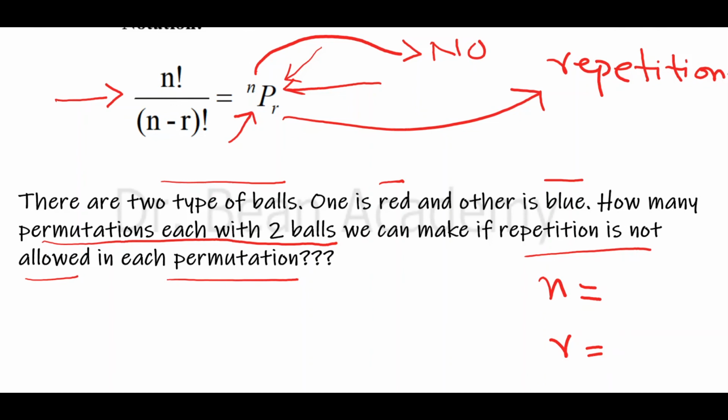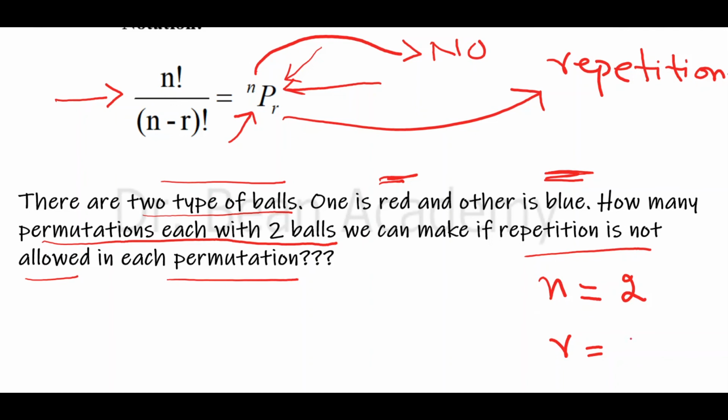So in this example, it says there are two types of balls. So n is 2 because one is red, the other is blue. So the total number of distinct choices you have is 2. And r is the size of the permutations, and it is given that each permutation has 2 balls.